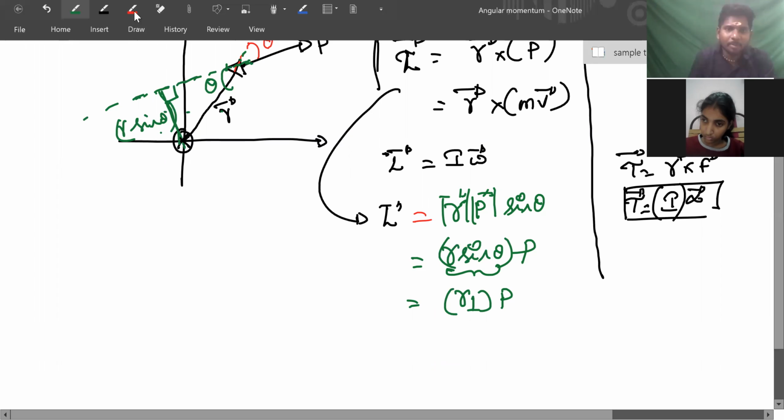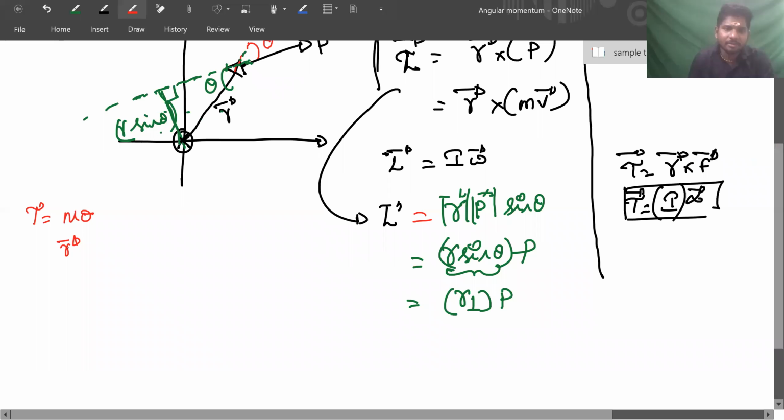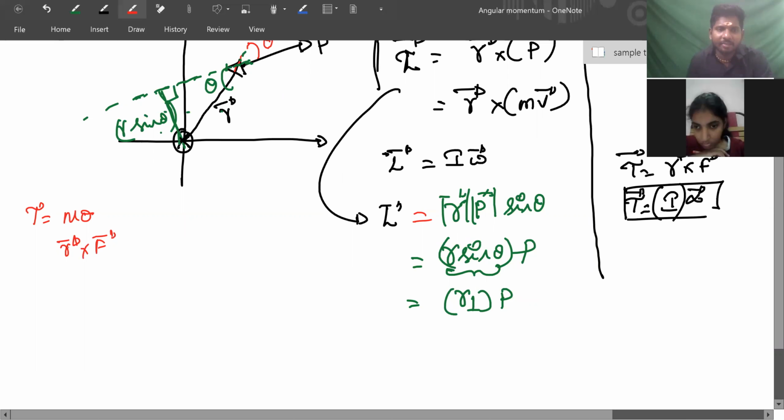So torque can also be called what? Moment of force, right? Because you write r cross F. We can name torque also as moment of force. This length is also called the lever arm.